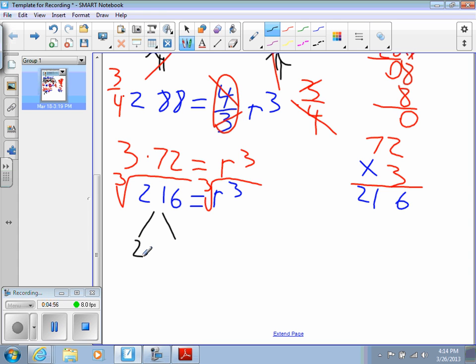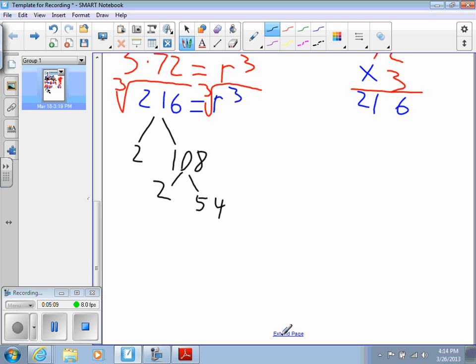So when I divide by 2, I'm going to get 108, which is also divisible by 2, which will give me 54, also divisible by 2, giving me 27, which is divisible by 3, giving me 9, which is 3 times 3.